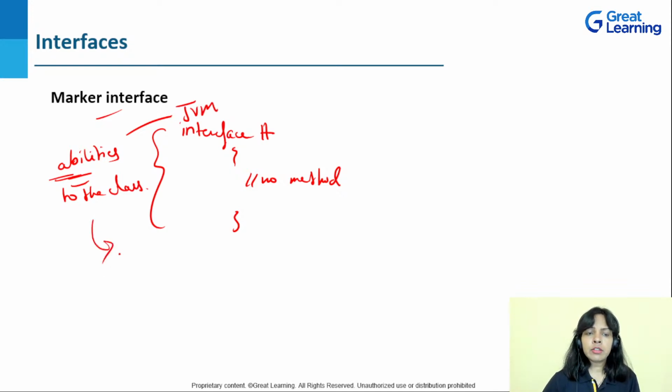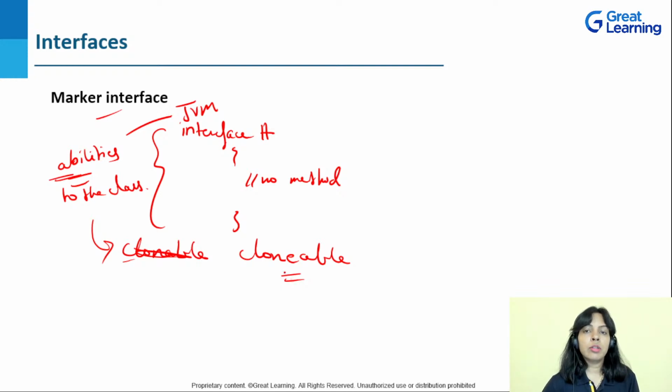What kind of abilities? Example of marker interface is Cloneable. Okay, Cloneable interface is a marker interface. When we make use of this Cloneable interface in any class, we can create a duplicate object.